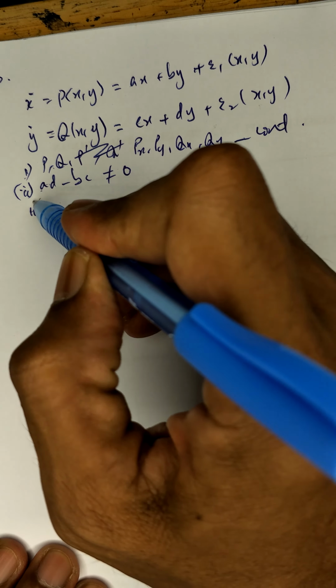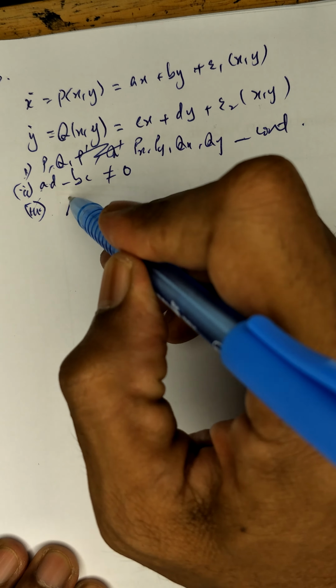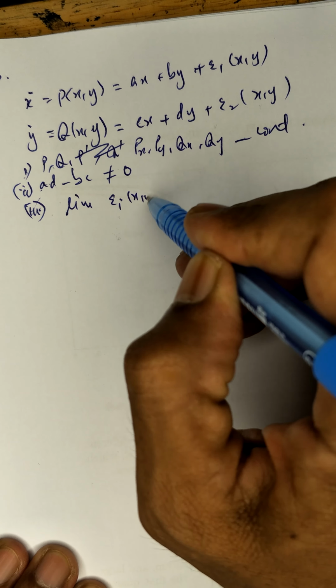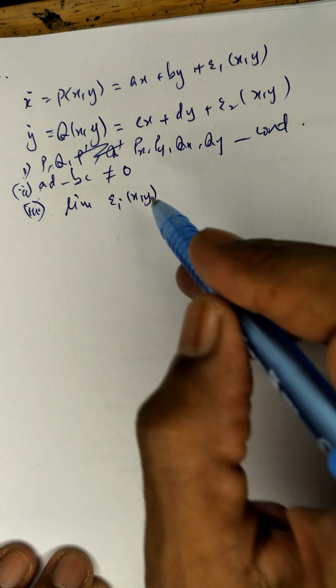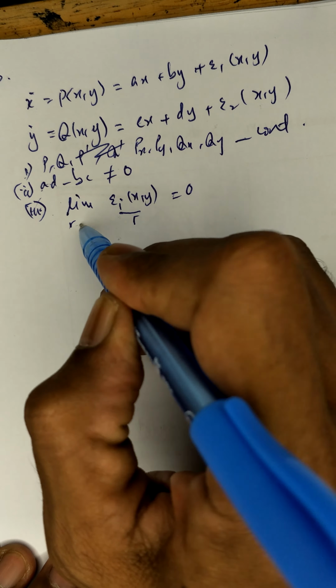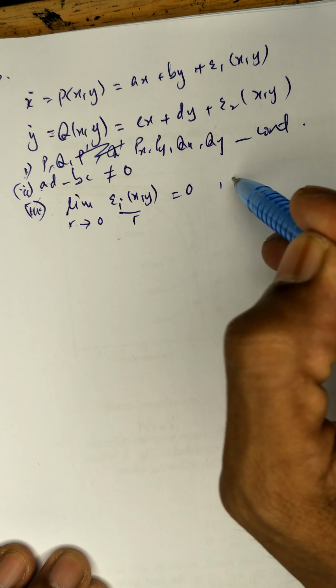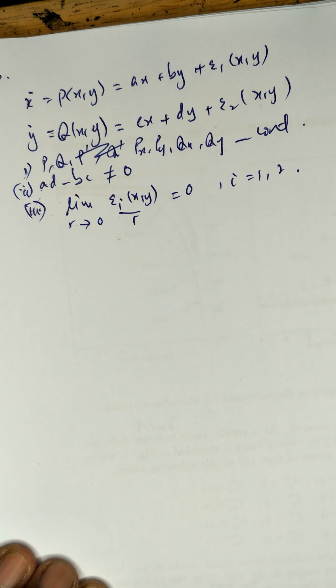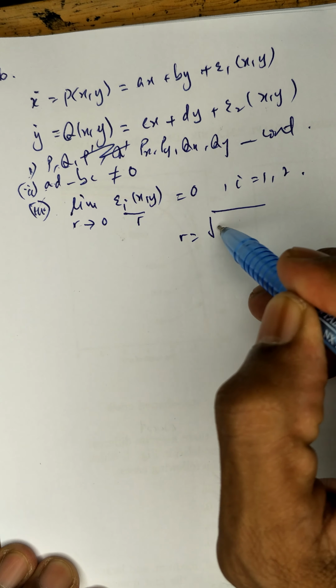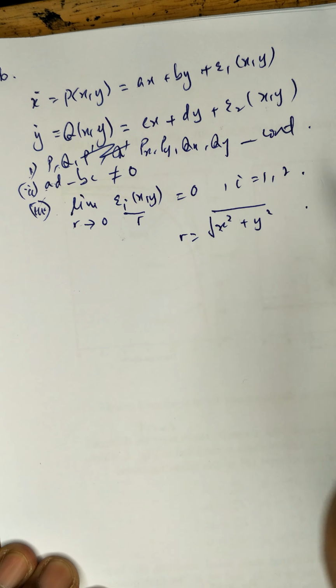The third condition is that the limit of epsilon i(x,y), the nonlinear parts, over r is 0 as r goes to 0, for i equal to 1, 2, where r is the distance from any point (x,y) to (0,0), that is, the square root of x squared plus y squared.